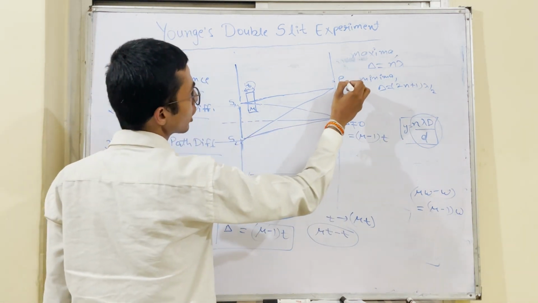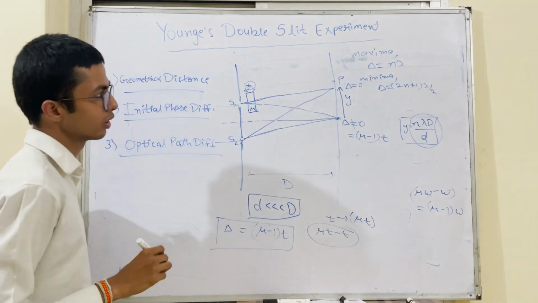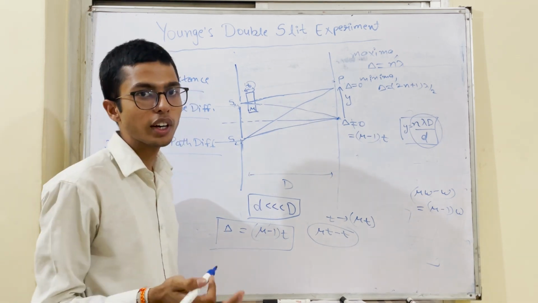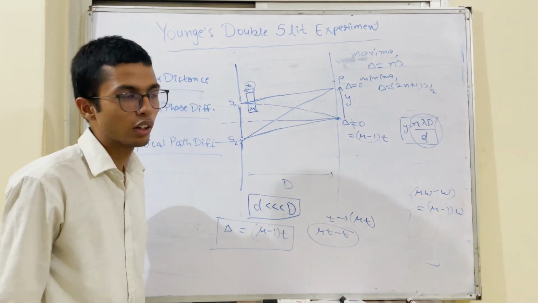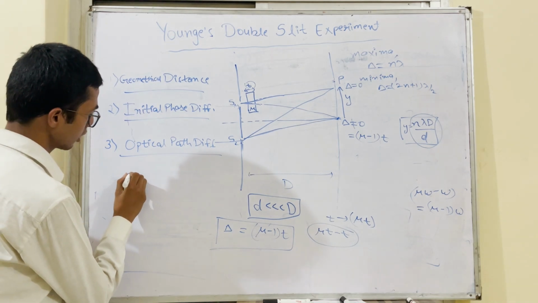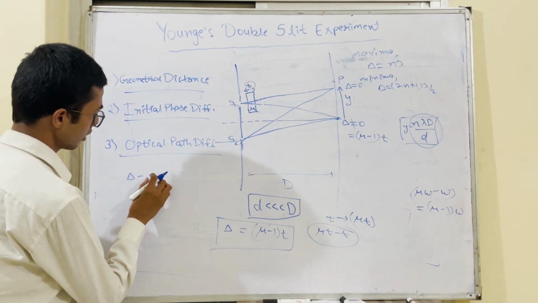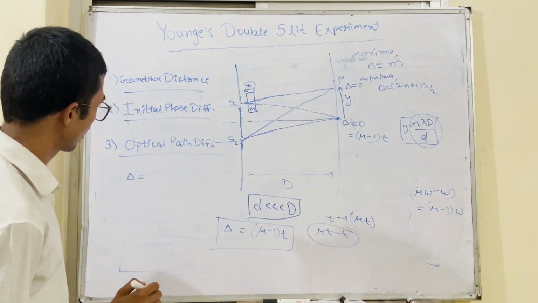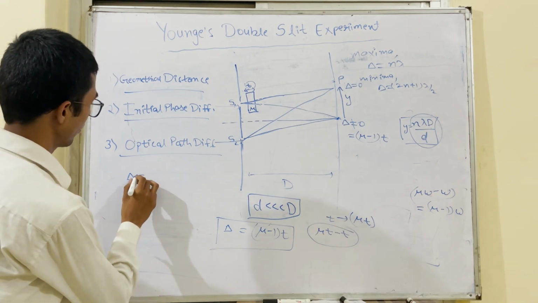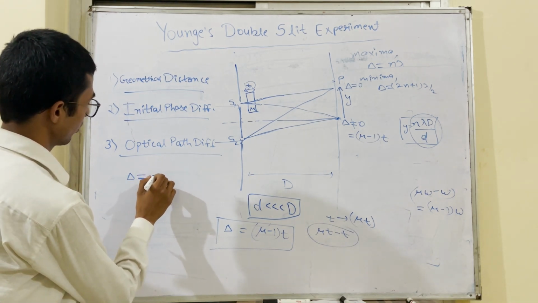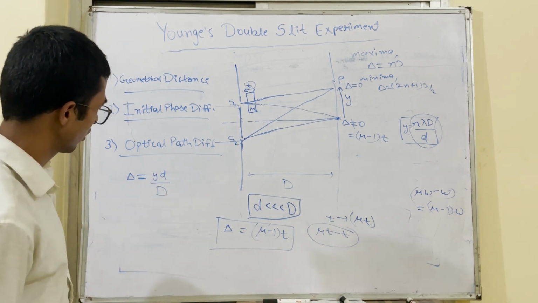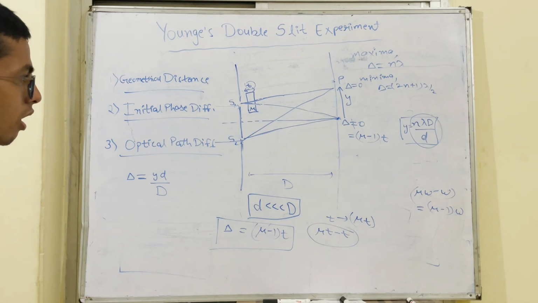So here the delta should come as 0. But at the distance of y, what is my delta coming as? This is my delta.